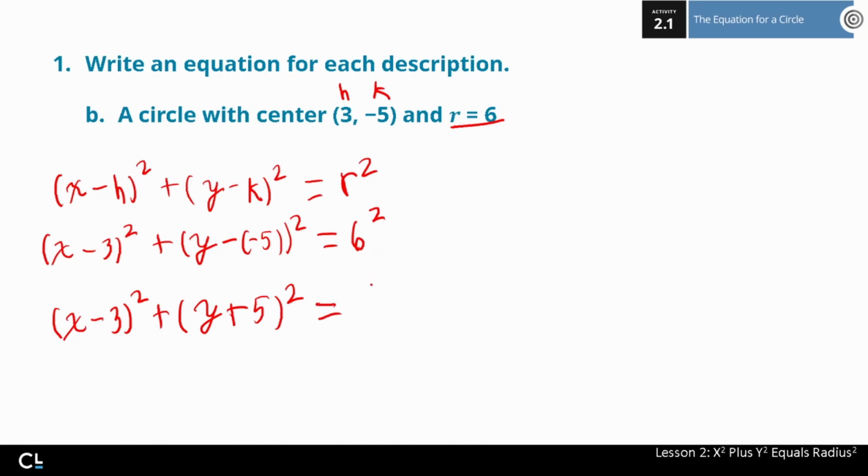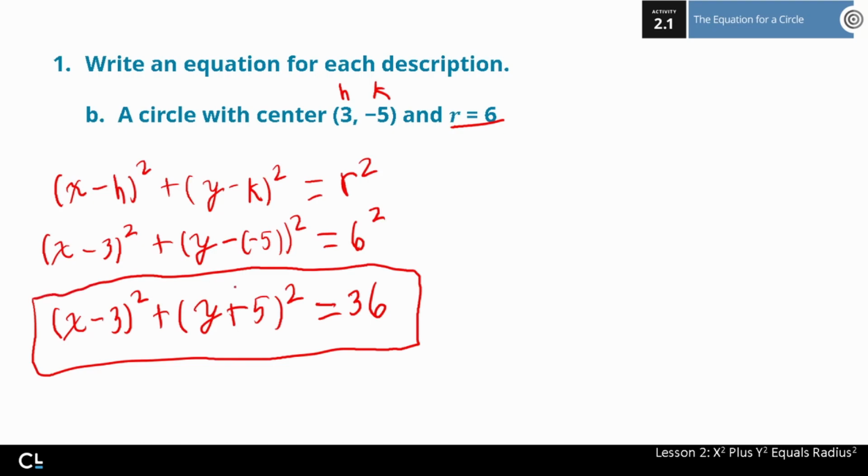Equals, and all we want to do is square our 6, which is going to give me 36. And there we go. We got our answer. So we get (x minus 3) squared plus (y plus 5) squared equals 36. This is the equation of a circle that is centered at (3, negative 5) and has a radius of 6.